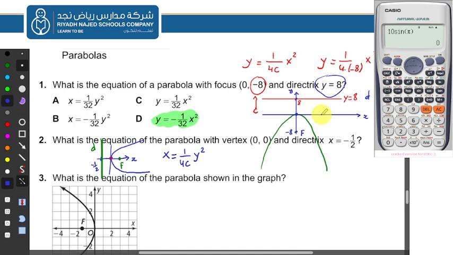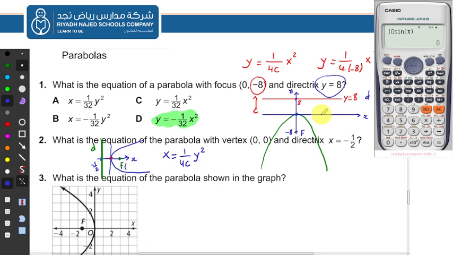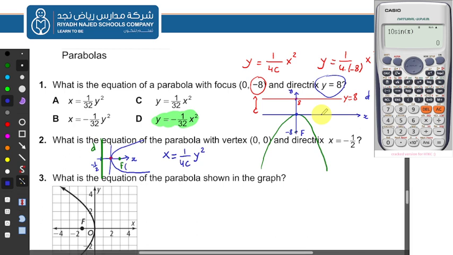But what's c here? I told you that you get c from the focus. The coordinates of the focus, since it is symmetrical to the directrix: on one side it is negative 1 over 2, and on this side it is plus 1 over 2, and 0, of course, because it is already on the x-axis.